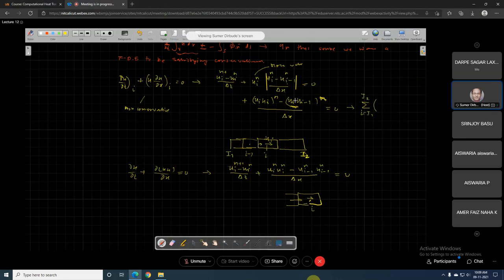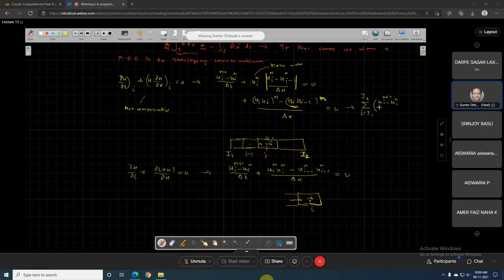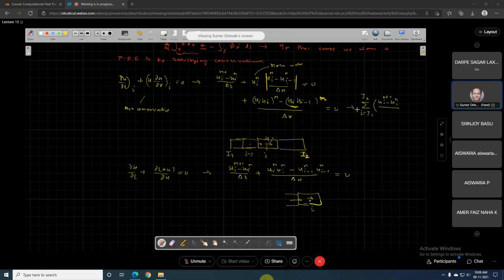If you write all this expression, ui^(n+1) minus ui^n, you can take delta t and delta x outside, and minus minus will become plus.